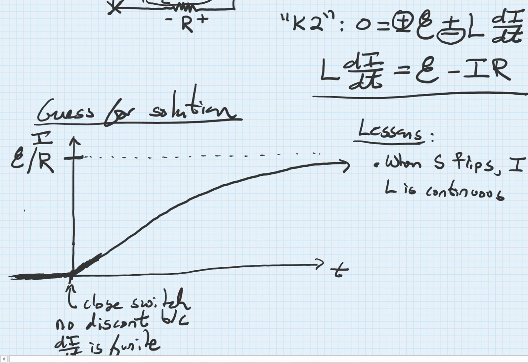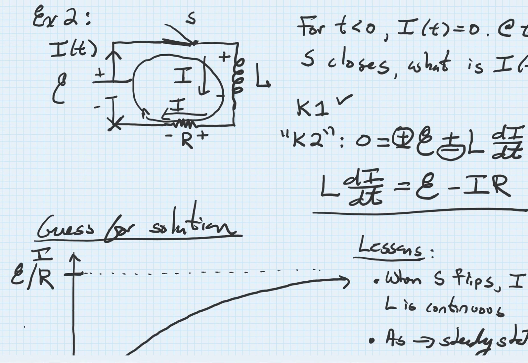Now, here's the really neat thing. Once we get to infinity, as we approach the steady state, look what's happened to the effective voltage across my inductor. dI/dt vanished, so L dI/dt is going to be 0. So at long times, when we reach steady state, the voltage across an inductor just becomes 0.